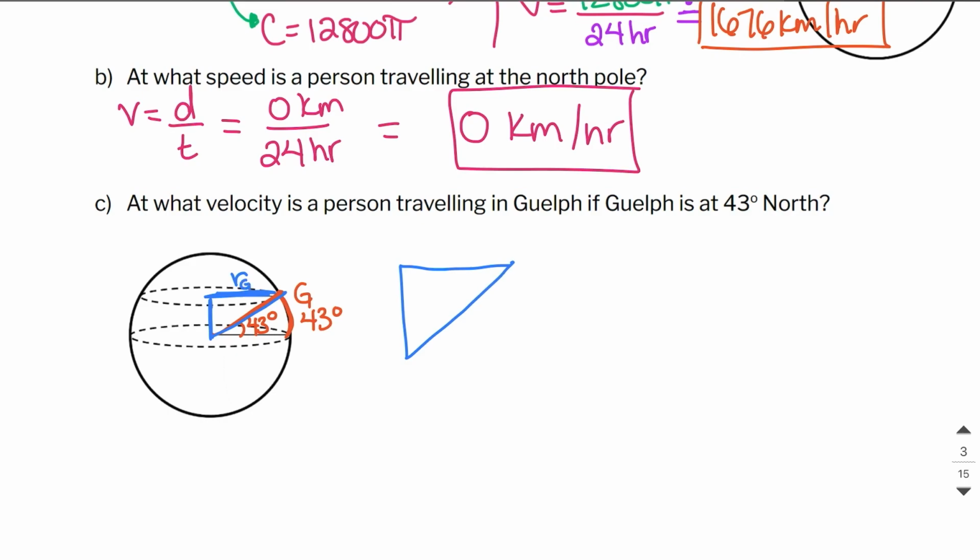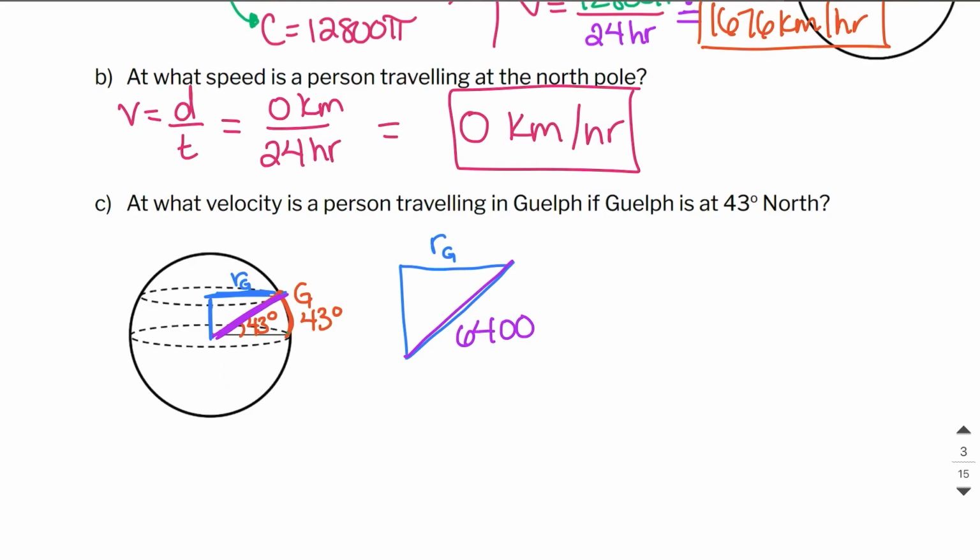I'm going to put RG, for Guelph's radius. We know that this length is the actual radius of Earth, which is 6,400 kilometers, okay?